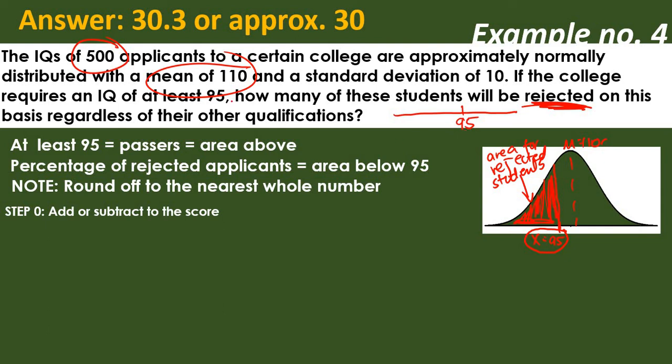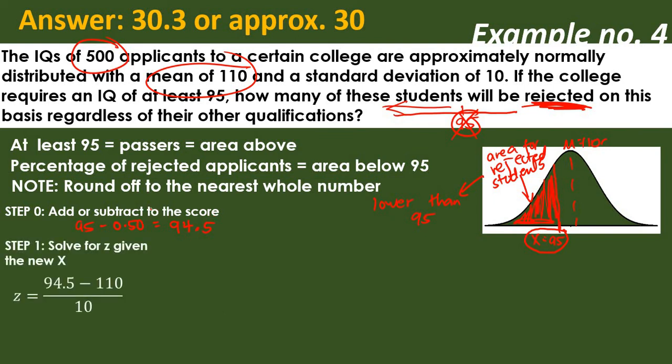It should be lower than 95. So the rejection region can also be pertained to as scores lower than 95. So 95 should not be included. That's why we are going to subtract. Since we are rounding off to the nearest whole number, that will be 95 minus 0.50. Therefore, the value of x that we're going to use is 94.5.